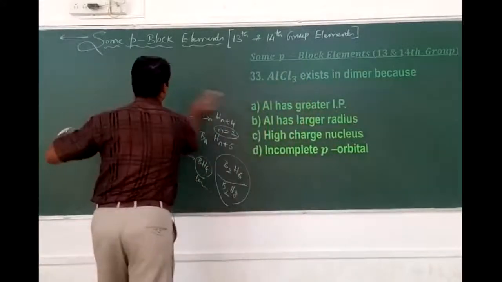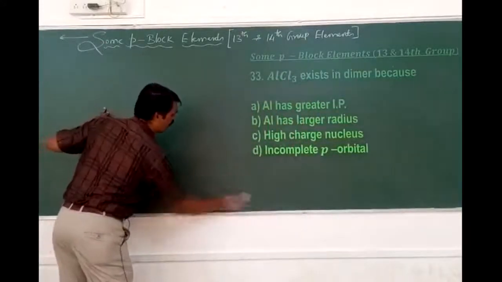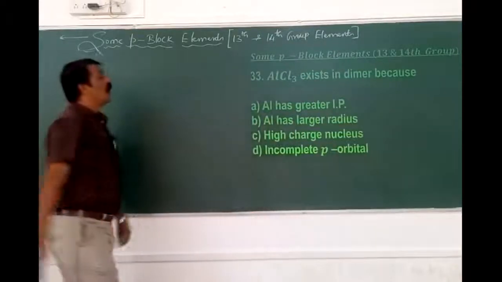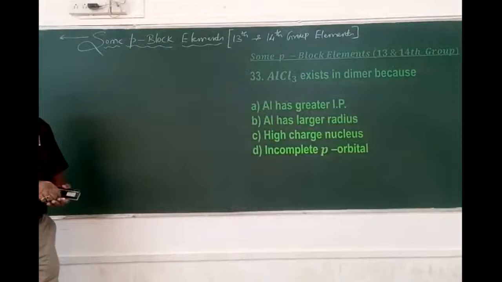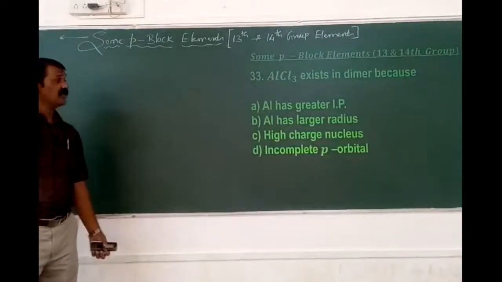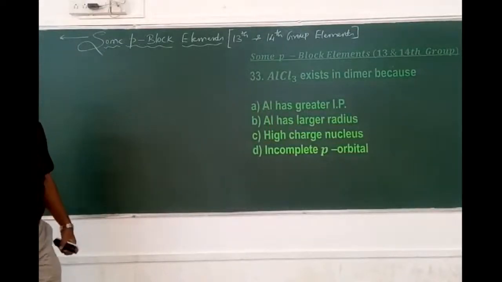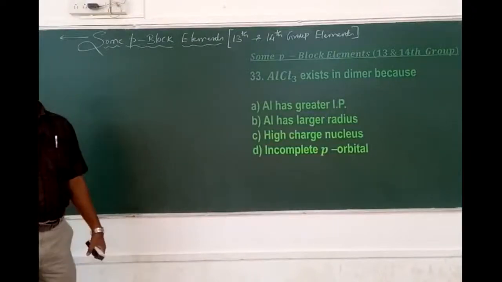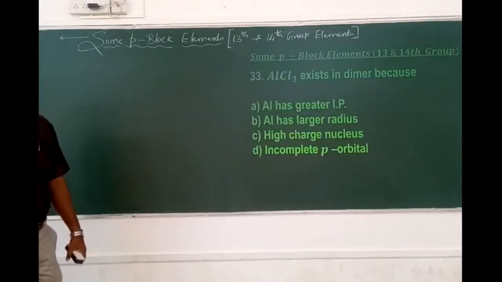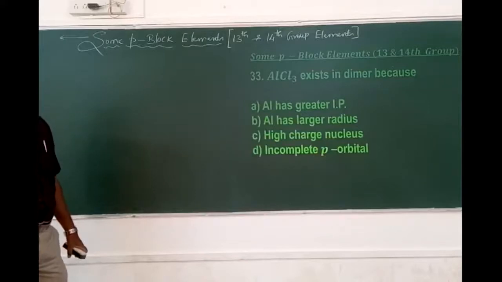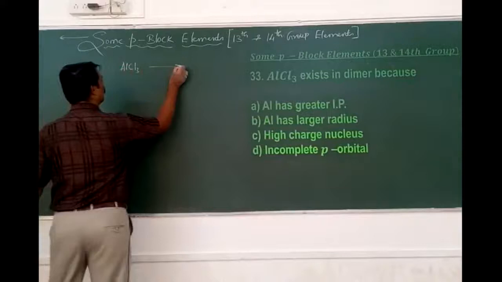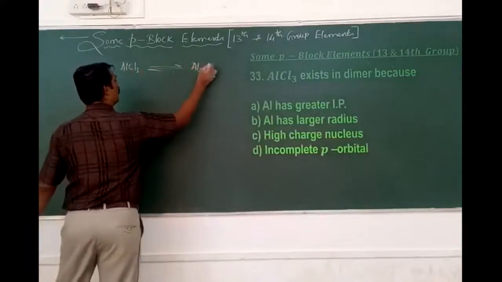Next is 33. Aluminium chloride exists as a dimer. Why? Because aluminium has a greater ionization potential, a larger radius, a high charge nucleus, and an incomplete p orbital. Means we can expect AlCl3 exists in the form of Al2Cl6.